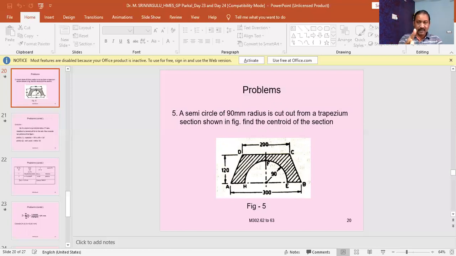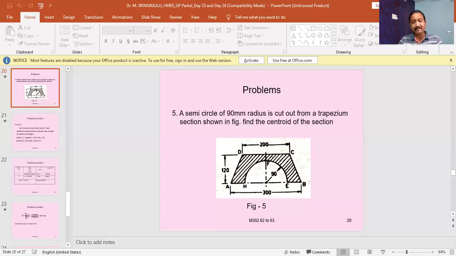The y-axis splits the given figure into two exactly equal halves. Therefore the centroid is lying on the y-axis, at the center point, that is a distance of 150 millimeters from the left edge.